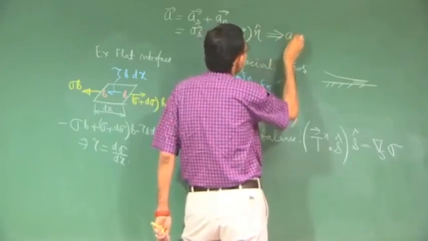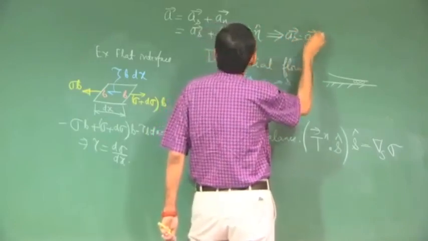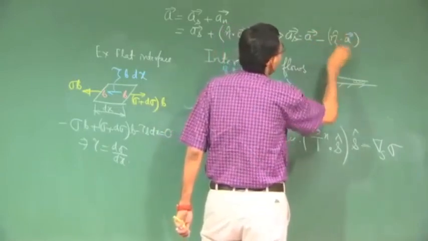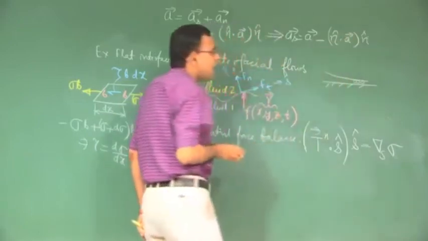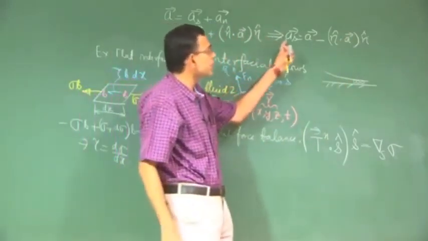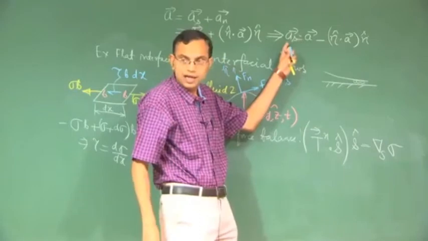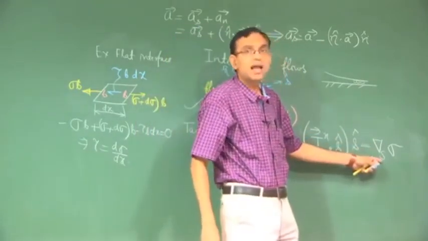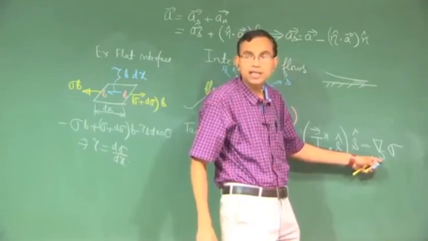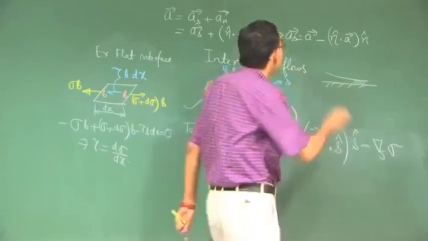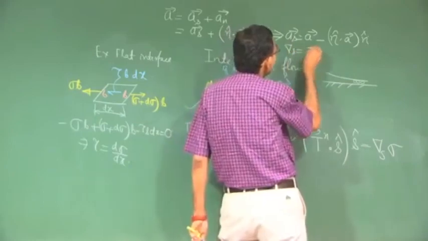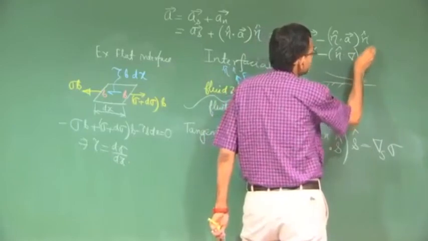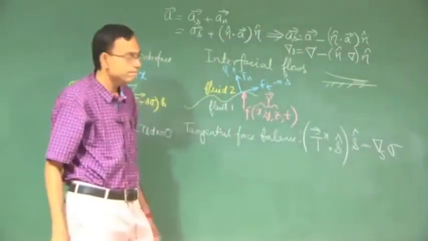So, AS is equal to A minus this, so AS is helping you to resolve A in the S direction. Similarly, grad S is allowing you to resolve the grad in the S direction. So, grad S will be this grad minus this one. Okay.